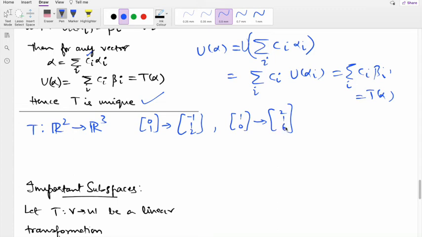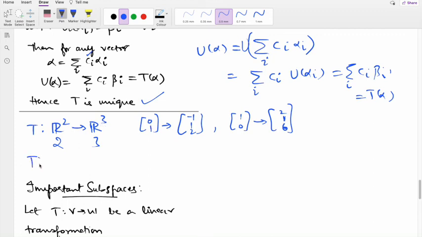So if you want this sort of a transformation, the T that you will get will be unique. Whatever you put here and here, you will have a unique transformation which does this for you. So if I want to go from a lower space to a higher space, let's say from R2 to R3, where this dimension is 2 and this dimension is 3, I basically need just two mappings to go from the lower to the higher dimensional space.